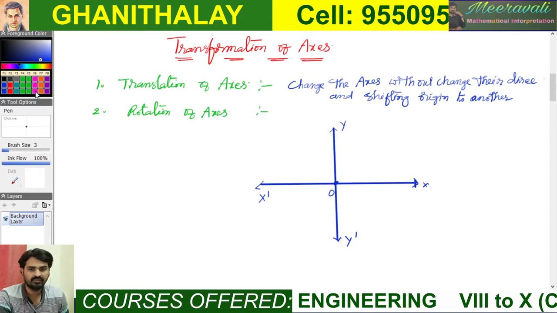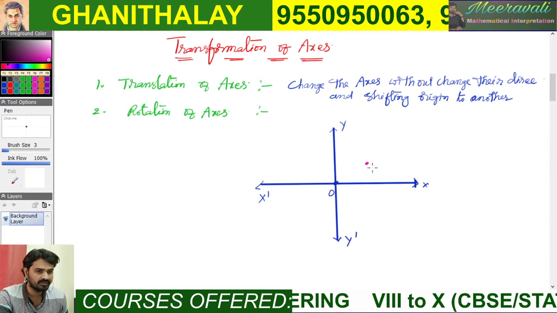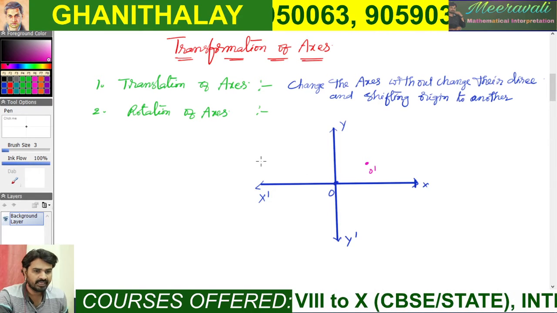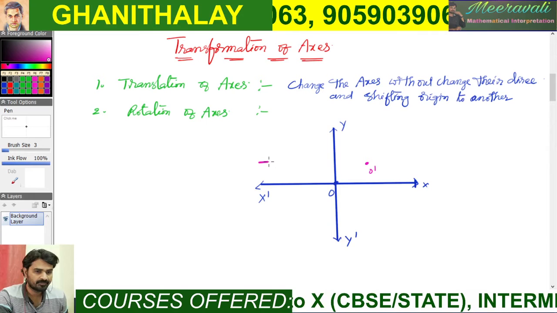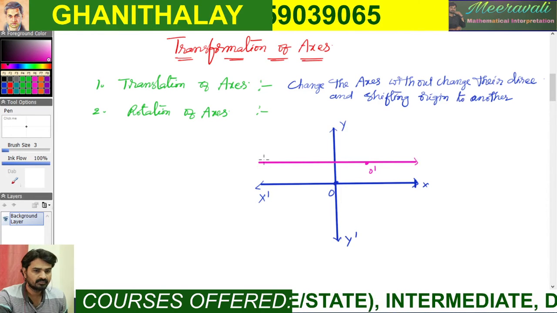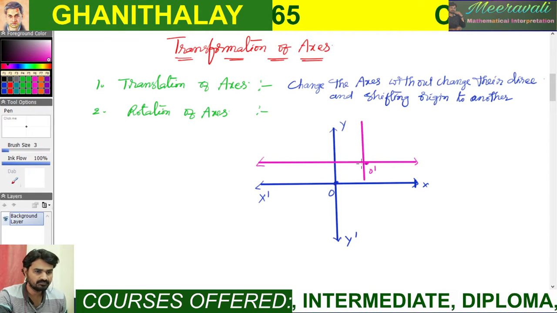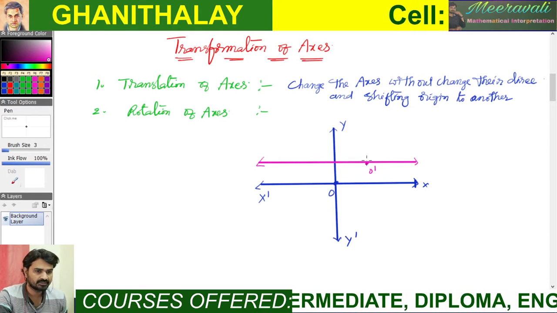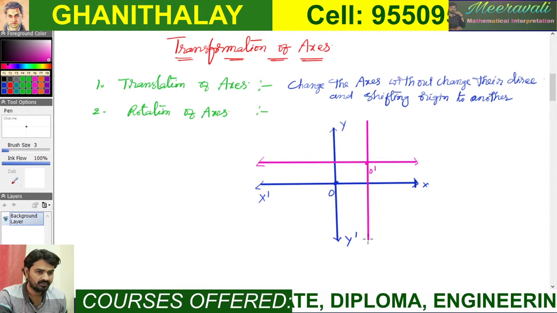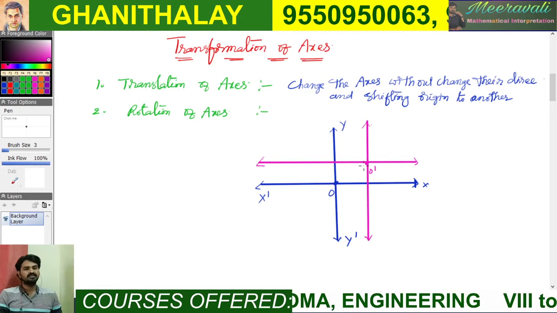So here we shift the origin to another point, say O dash. Now the x-axis becomes like that, and the y-axis becomes like that. Such a type of transformation is called the translation of axis.